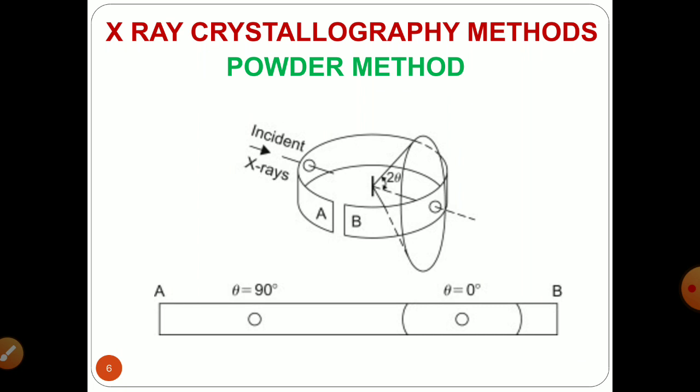That's why you are keeping a film around the specimen. So you can have the diffracted cones on your film from hundreds of grains, which are intersecting the film to produce concentric curves around the entrance and exit hole.